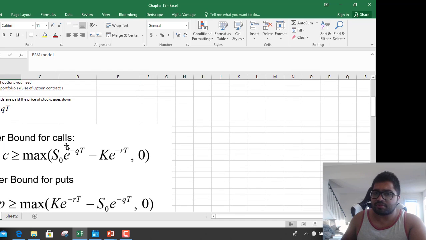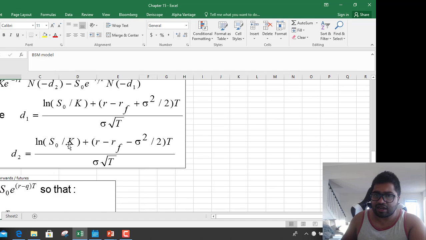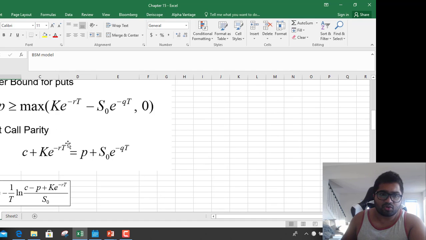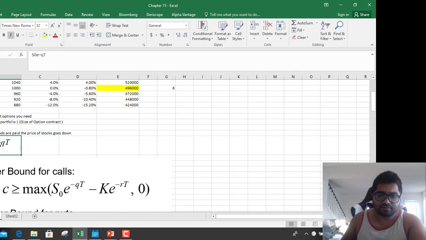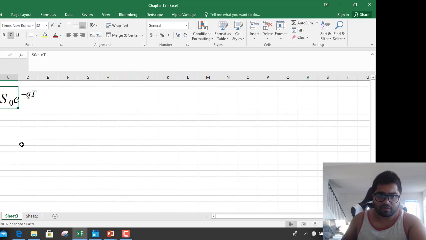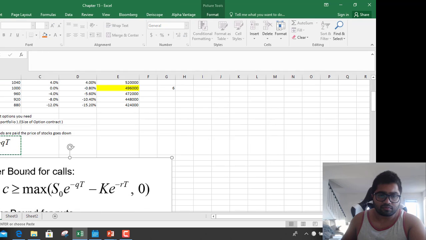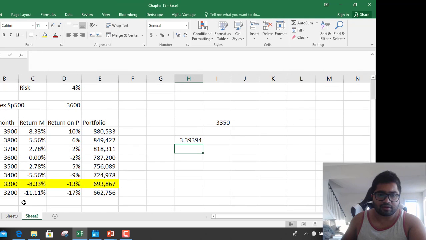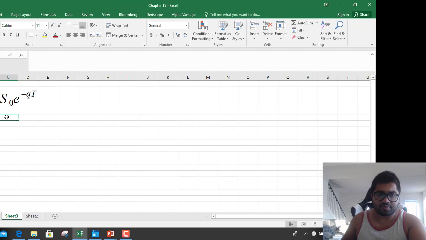So let's solve some problems and try to understand how to use these formulas. I'm going to copy all these formulas onto a new Excel sheet, and we'll do some problems based on that.